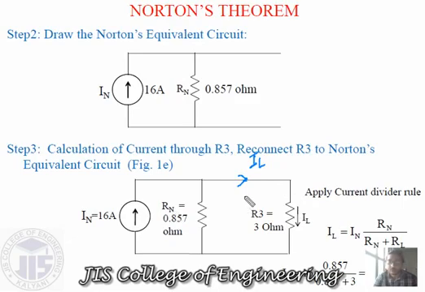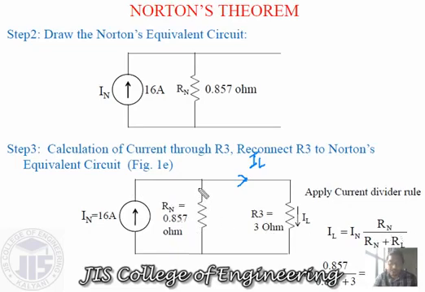So we are going to find the current through this R3 ohm resistance, so the other branch resistance means RN. So IL is equal to IN multiplied with RN divided by the overall resistance where the current is being divided, among this RN resistance and this R3 resistance, so divided by RN plus R3.